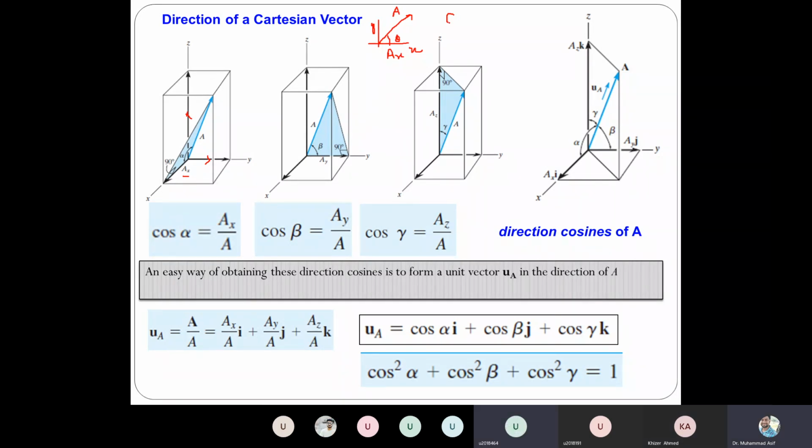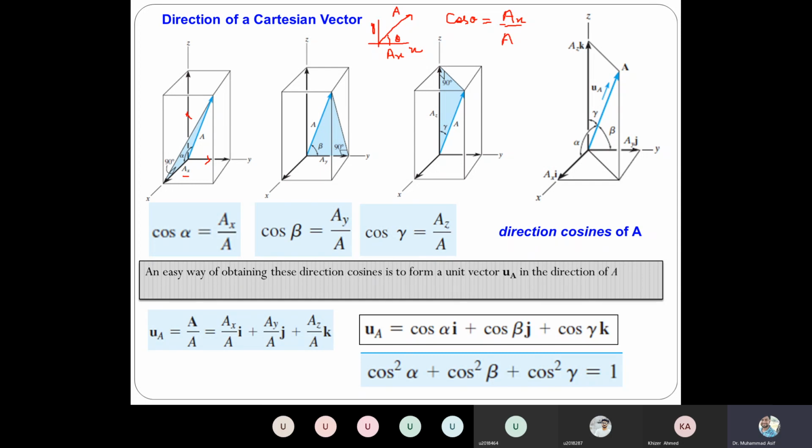Or in other words, what is the value of cos theta? It would be AX by A. So cos theta will be AX by A.